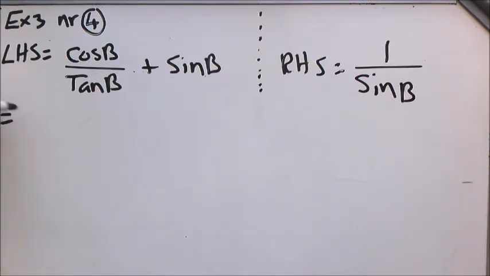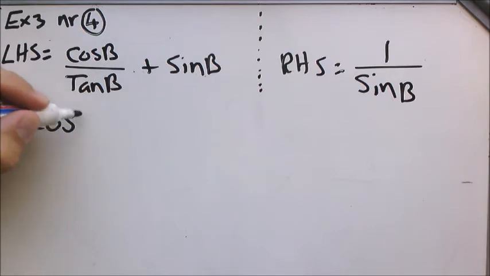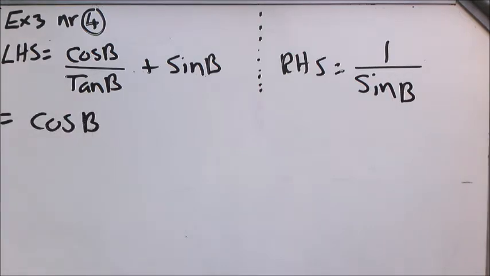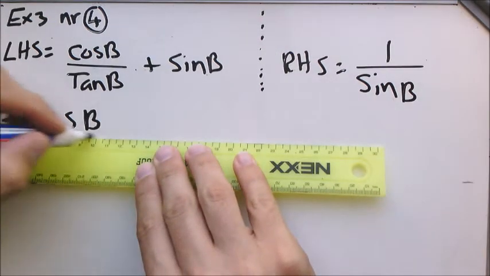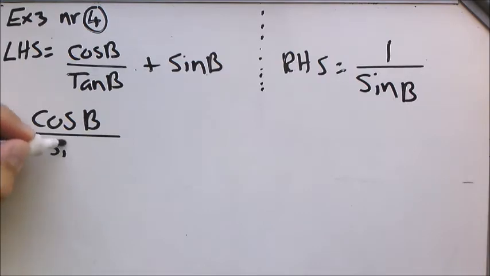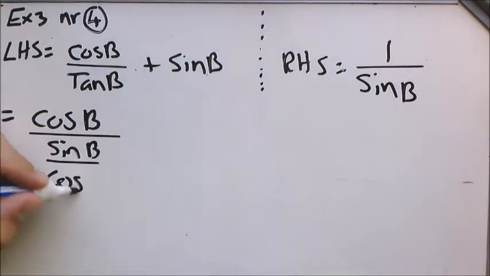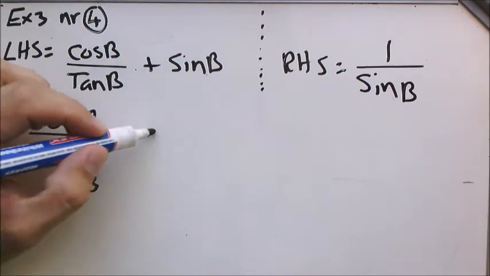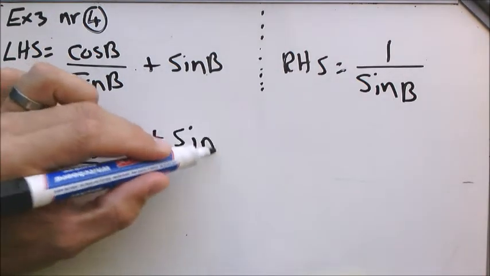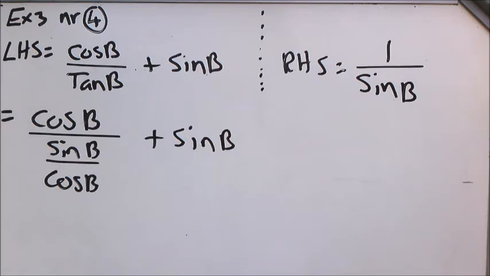So the left hand side becomes cos beta divided by sine beta over cos beta plus sine beta.